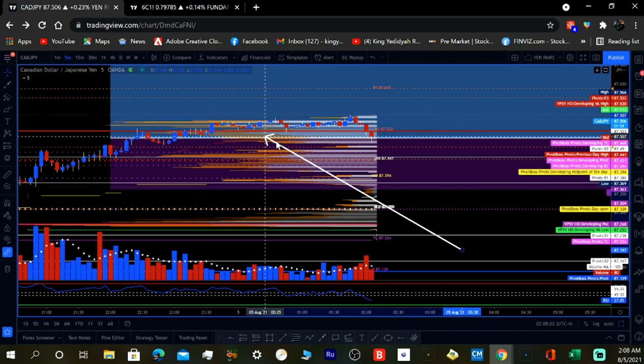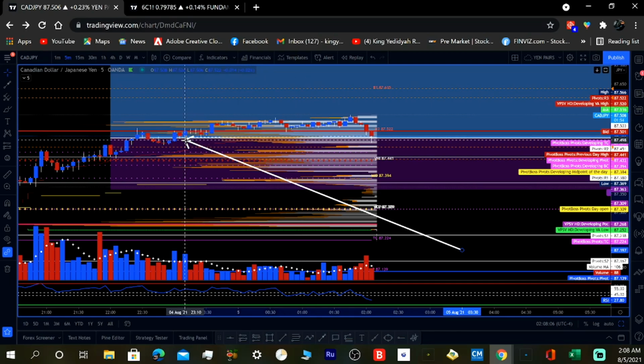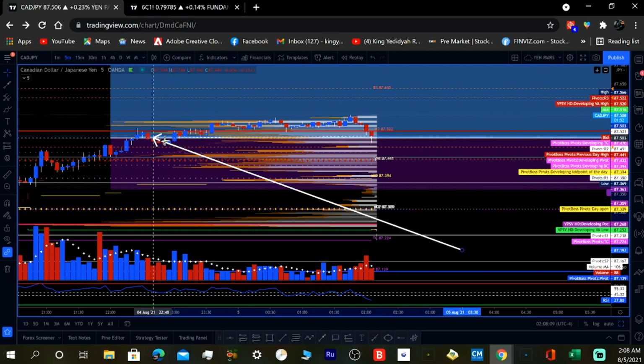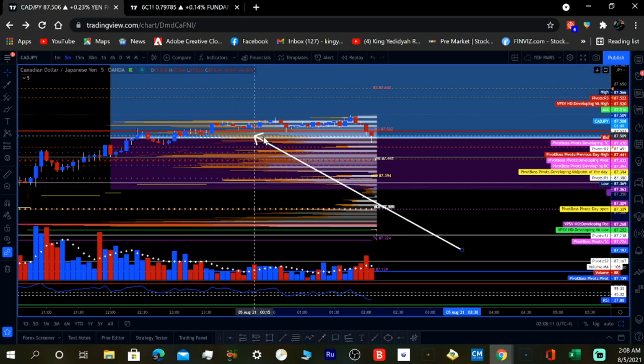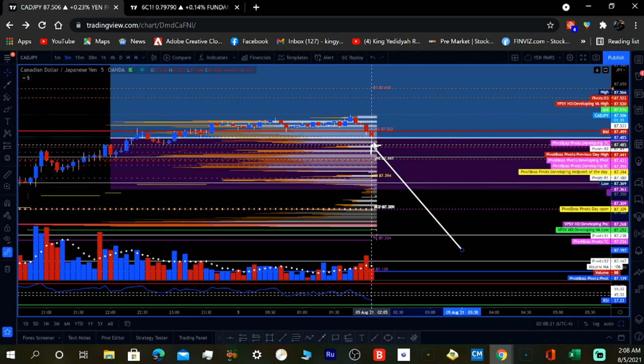So people who came in around this area, which is actually my entry level, right? We got heavy volume here, so people who want to back up their trade or re-enter or get another entry level, they could enter again. That's what they're doing right here. So even though we sell off and we come back to this level, you see they just bought it up again, creating this wick right here.